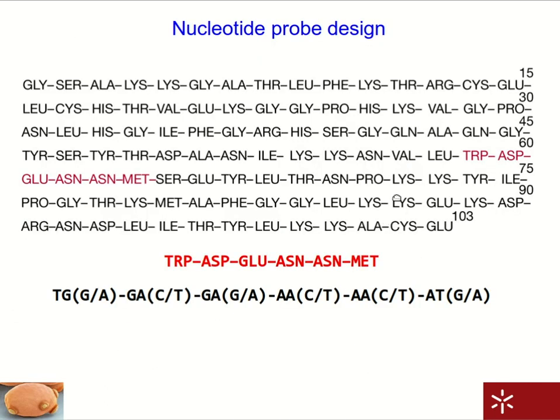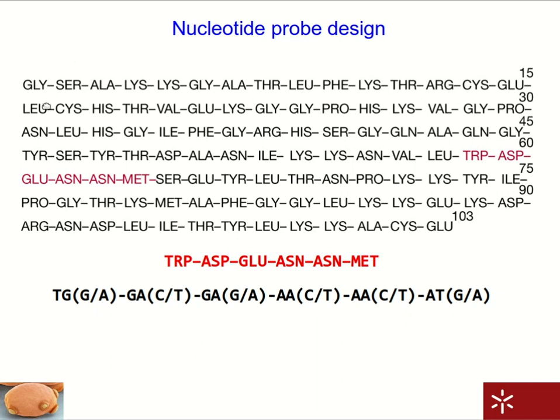We can use the protein sequence information discussed in the previous slide to guess the DNA sequence that should be present in the gene encoding the protein. This is of course complicated by the fact that translation is degenerate and several DNA sequences can encode the same protein sequence.